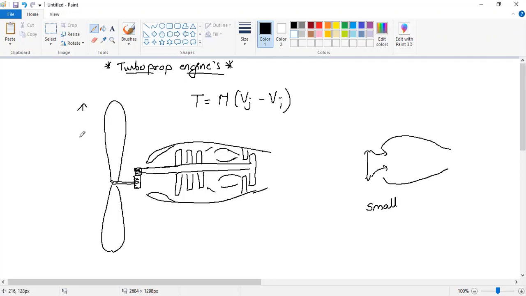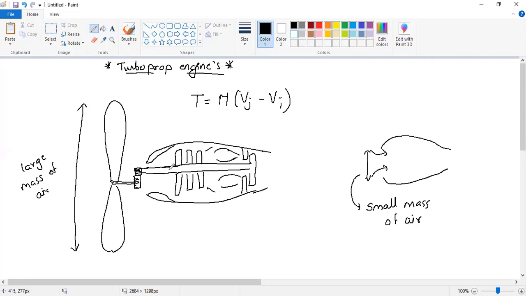In propeller, we take a large mass of air. Understood the difference?